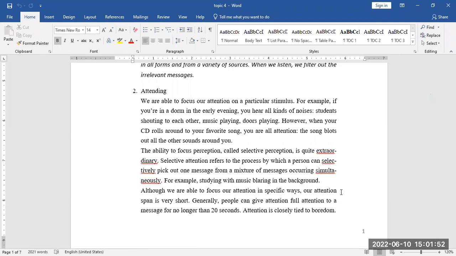For example, if you are in a dorm, or if you are in a hostel, one of the rooms in the hostel, in the early evening, and you hear all kinds of noises, you hear students shouting to each other, you hear music playing, you hear doors being banged, and so on and so forth.